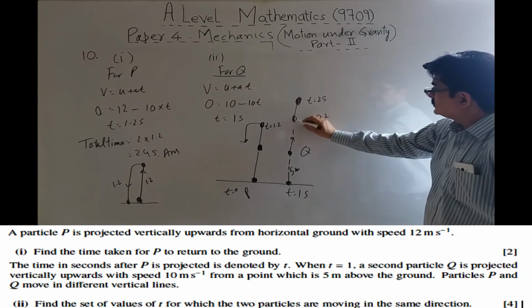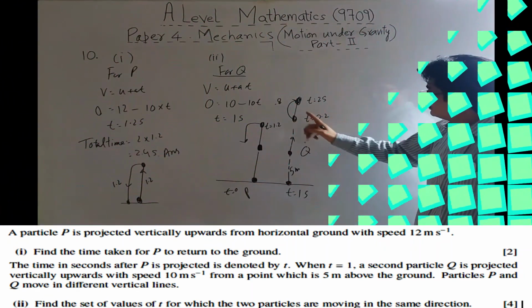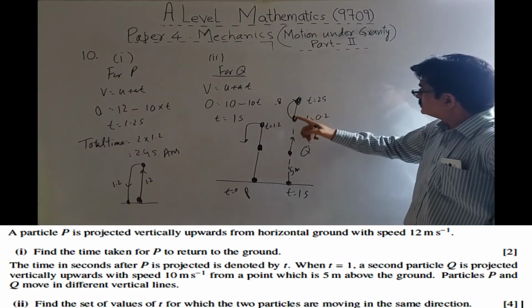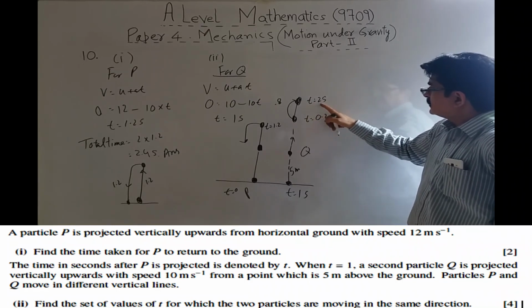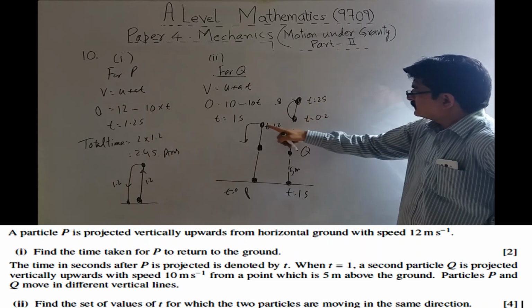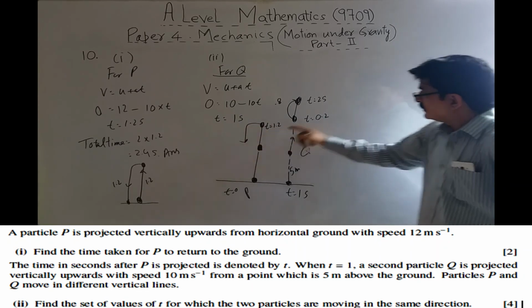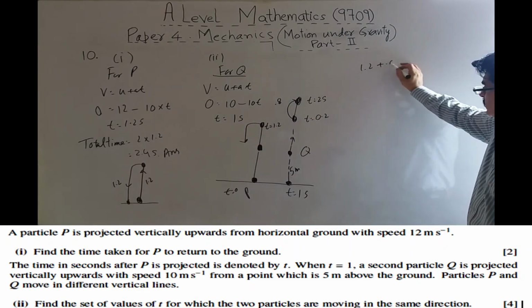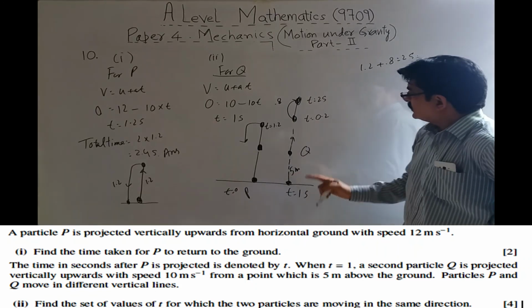So say this is the point when the time is 0.2 seconds. Q will be at the highest point after 0.8 more, and the time for P will be 1.2 plus 0.8, which is 2 seconds. So after 2 seconds, what is happening?